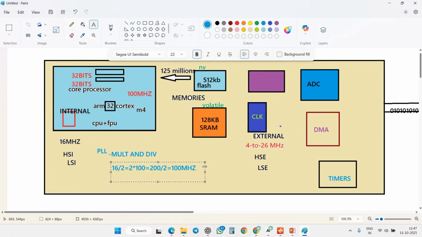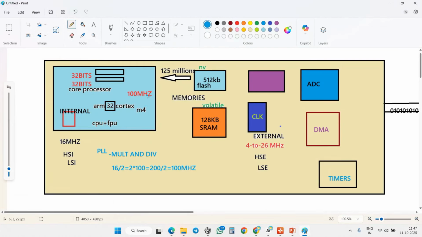You might be thinking it is calculating with some random number. No, you have already been given that you need 100 megahertz. This is the final value I require, depending on the maximum range of the specific device you are using. The PLL is specifically for that.